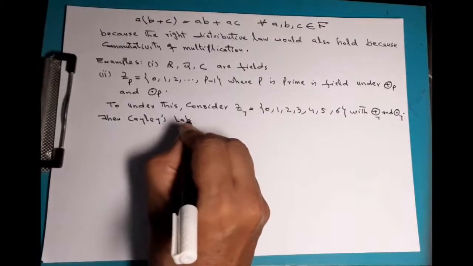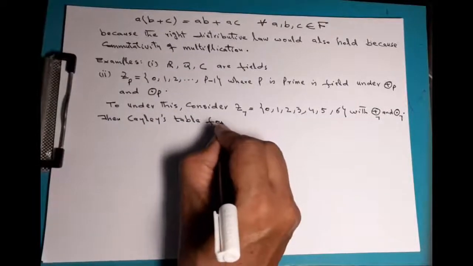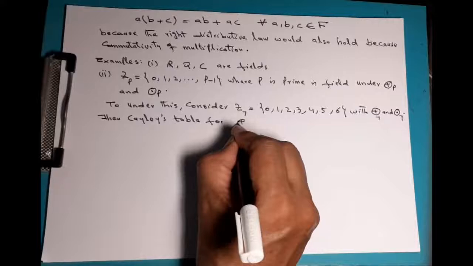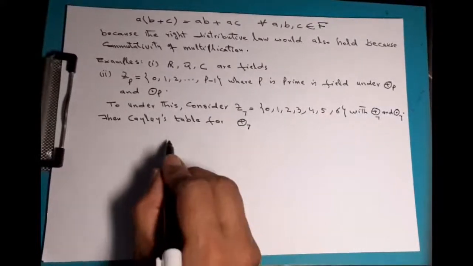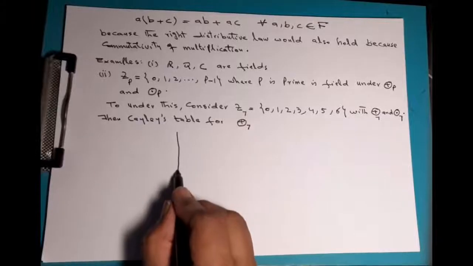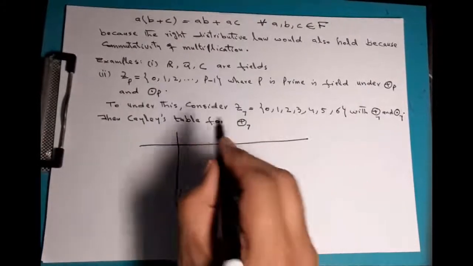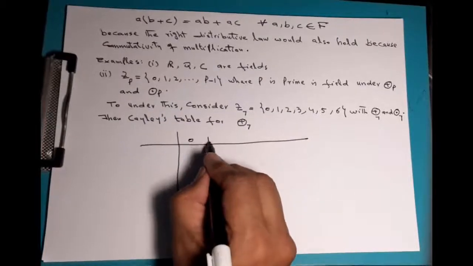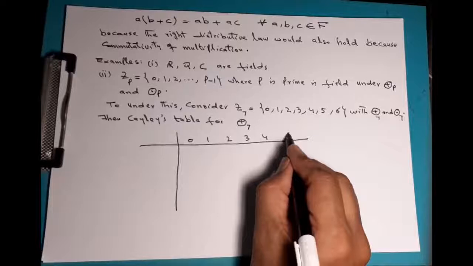Cayley's table for addition modulo 7, and you know this table very well from our previous work. So this 0, 1, 2, 3, 4, 5 and 6.